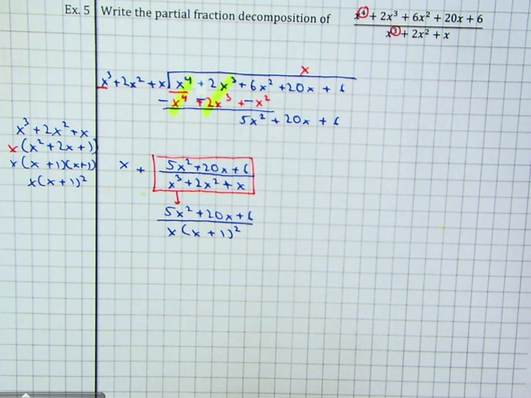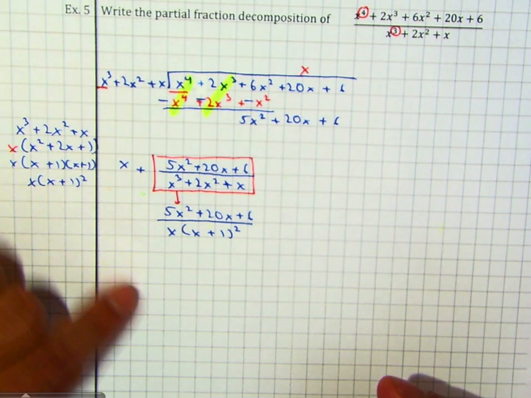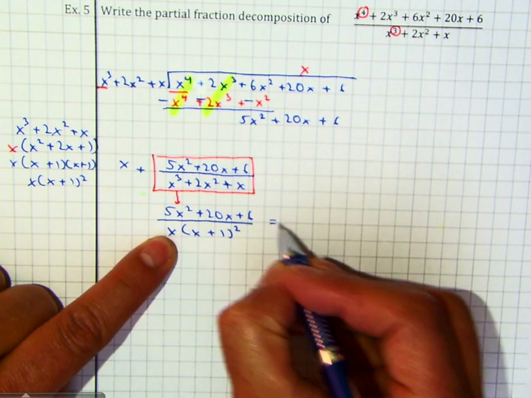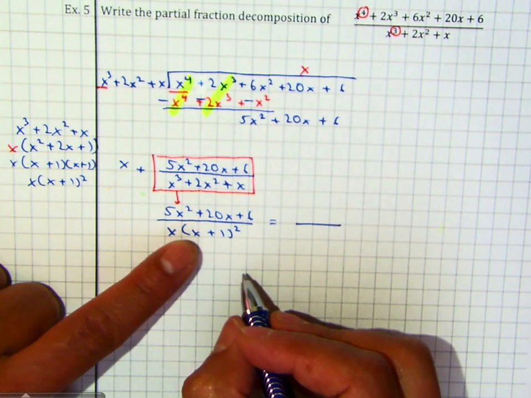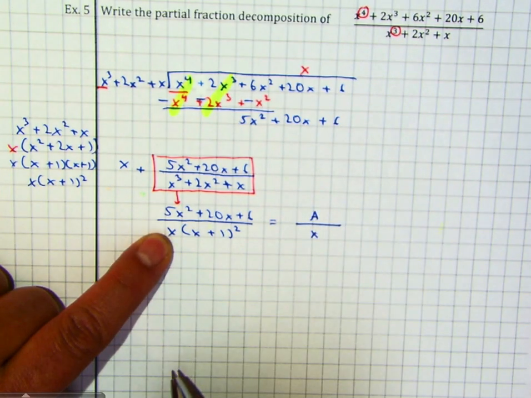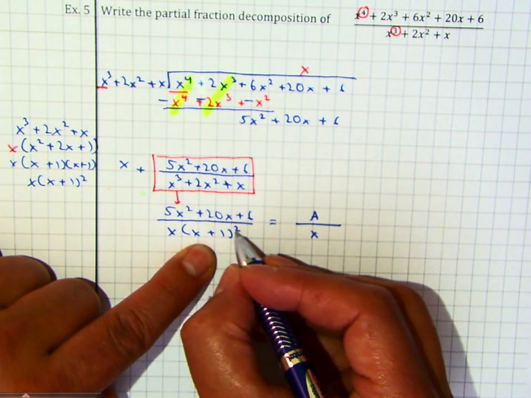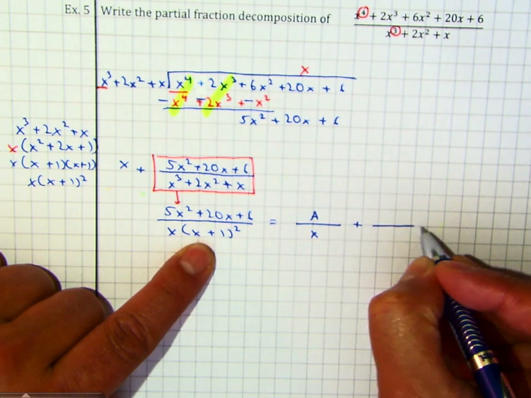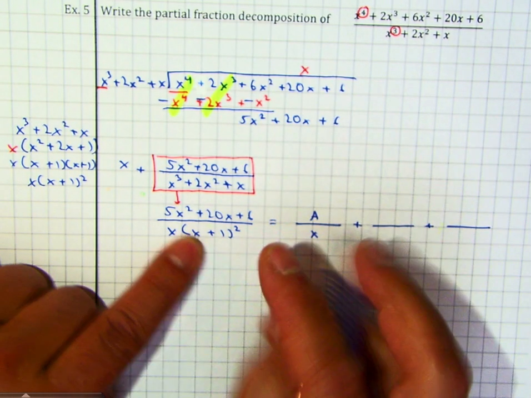And now we go through the same process just like we did on example number 2, 3, and 4. So first, x, is that a linear factor or a quadratic factor? That's a linear factor. So therefore, that gets only one letter. X plus 1 squared, that's being squared, so that means that we're going to have two of them. This is also a linear factor.